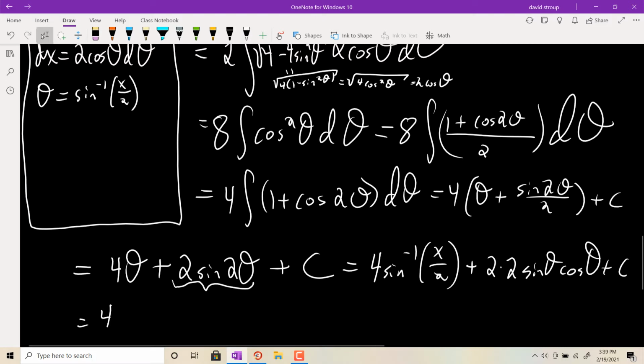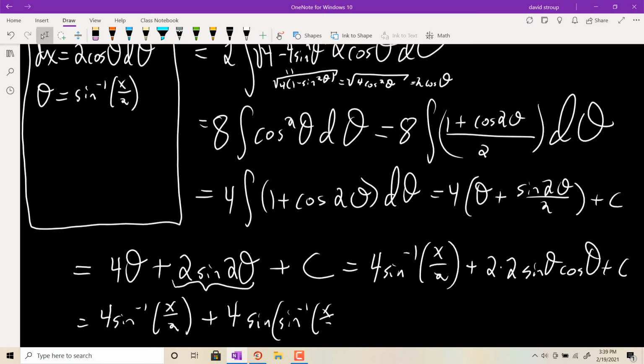Well, I have 4 sine inverse of x over 2 plus 4 sine of theta, which is sine inverse of x over 2, times cosine of sine inverse of x over 2, plus c.